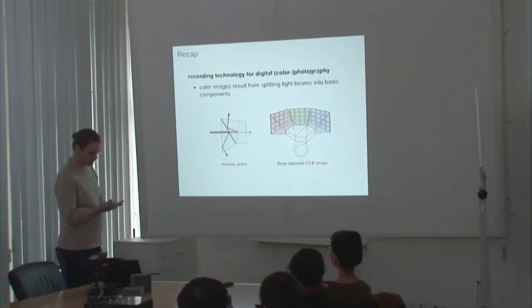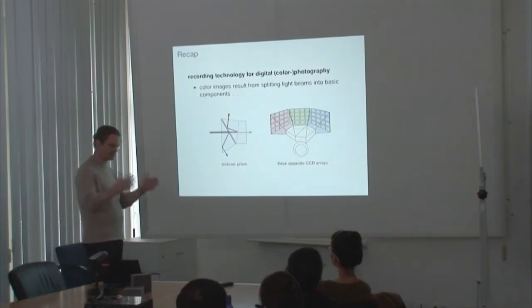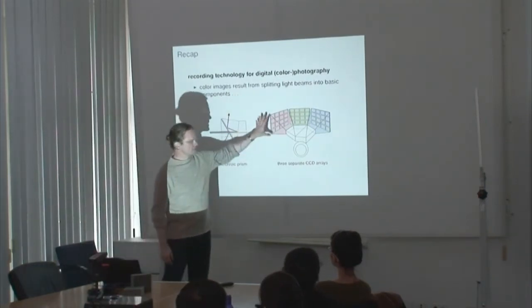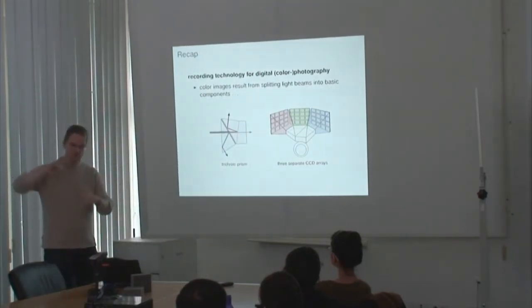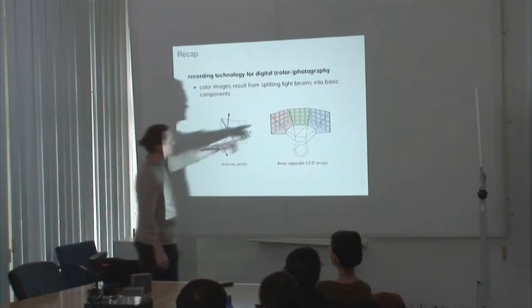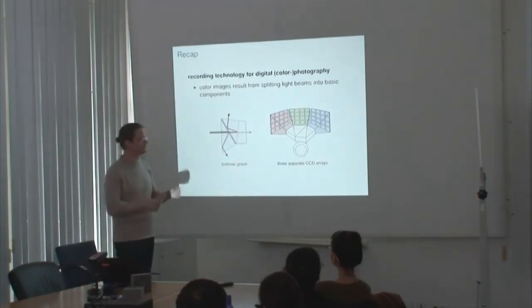One way of recording color images is to record 3 different images at the same time, where one of the images would represent the red content of the scene that is being recorded. The other would represent the green content of the scene.